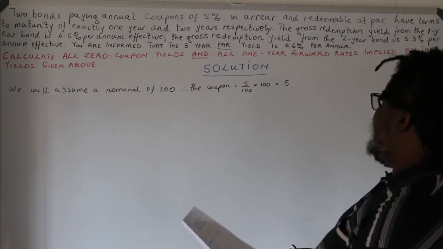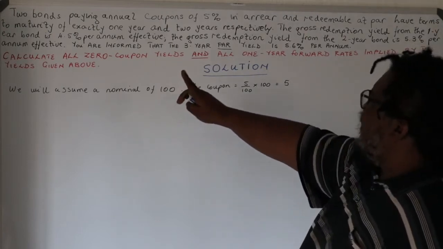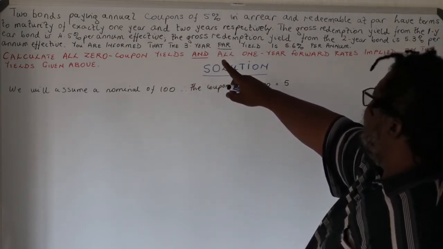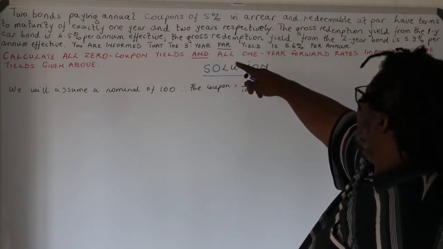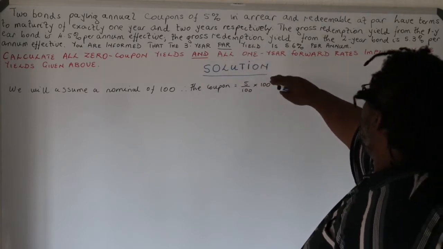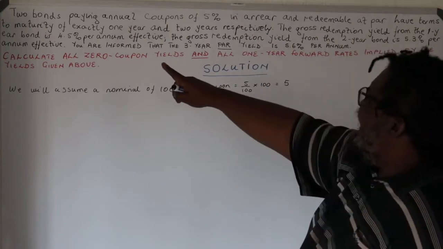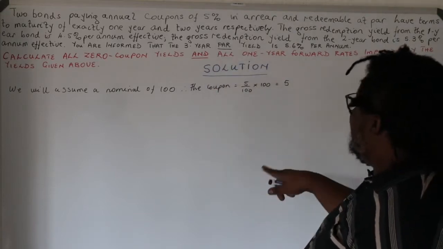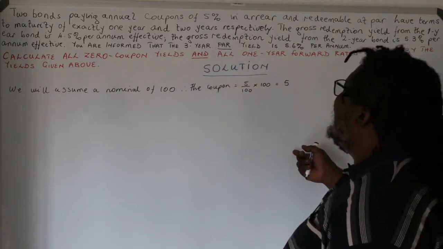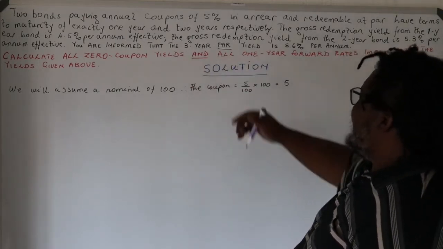So here we need to draw a few diagrams to illustrate what is going on here. We have been told that we have got 2 bonds which are paying a coupon of 5% in arrear and redeemable at par, and their maturity, that is the end of the period where you get your coupon plus the par value of the bond, are exactly 1 year and 2 years.